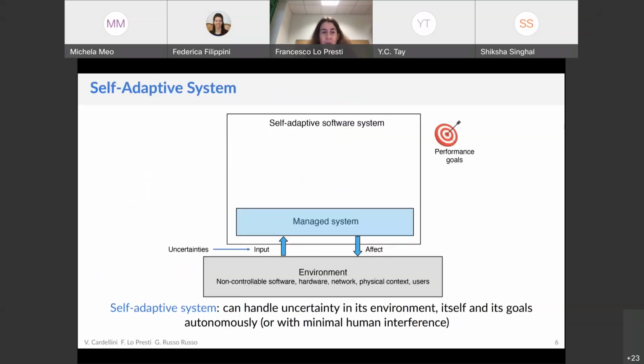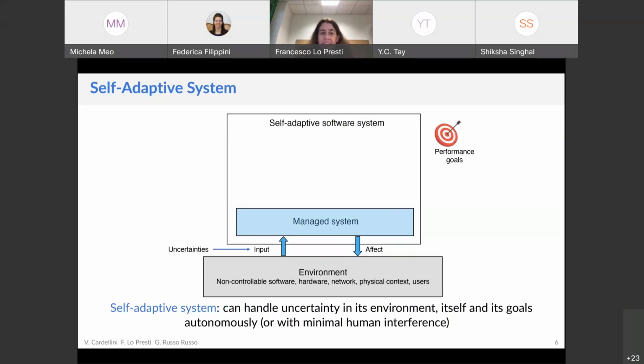A first answer to this question is to follow an architecture-based approach and to organize the system as a self-adaptive system that has the so-called self-star properties.